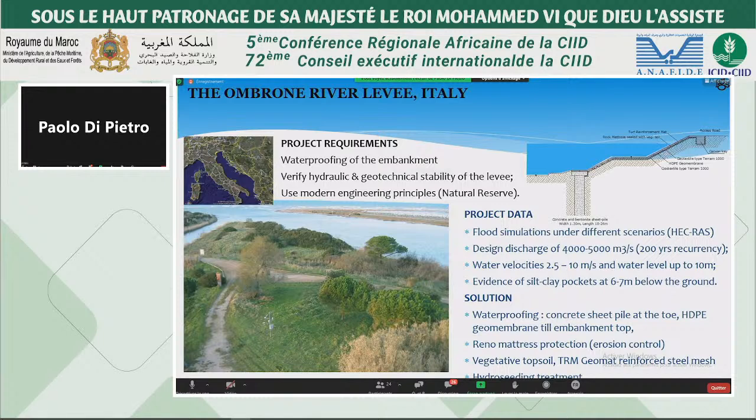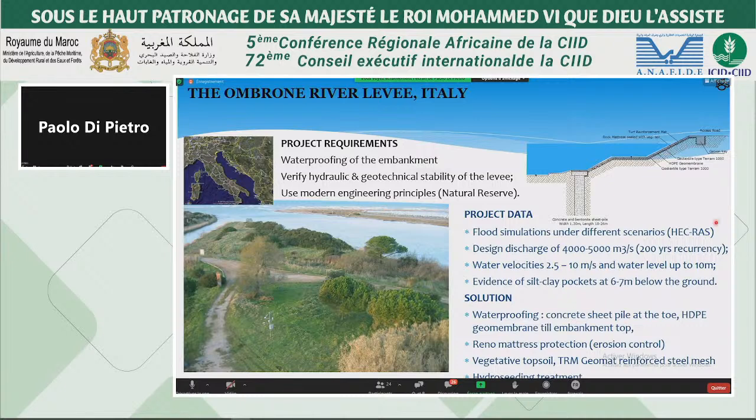Vu le besoin en eau et à force d'avoir extrait de l'eau par pompage, cela a ébranlé un peu les structures de la digue, donc il fallait s'empresser de parer contre ce phénomène.